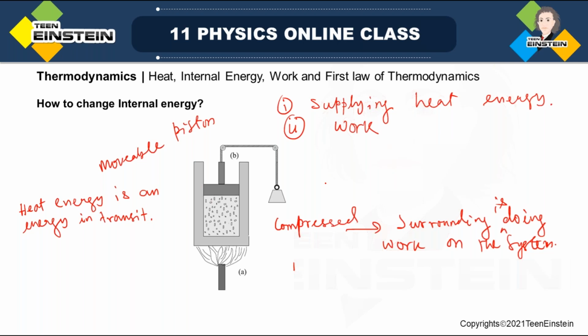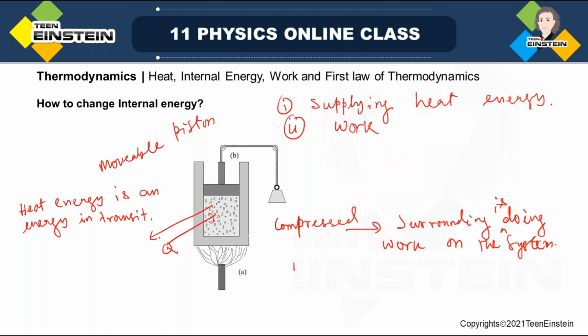So heat energy can transfer from one body to another. This transfer of heat actually produces randomness. If the heat is transferred from the surroundings to the system, there is more randomness, so more internal energy.